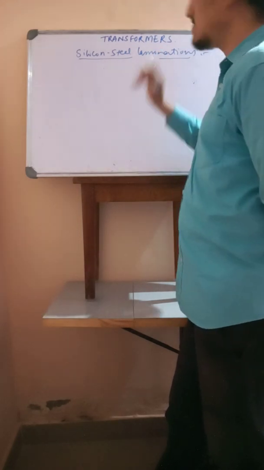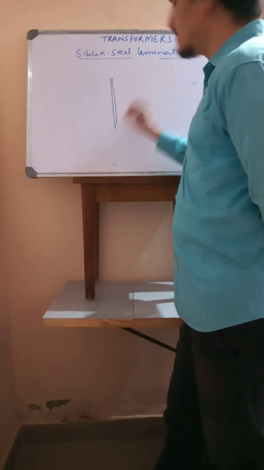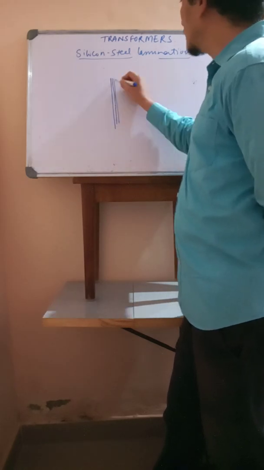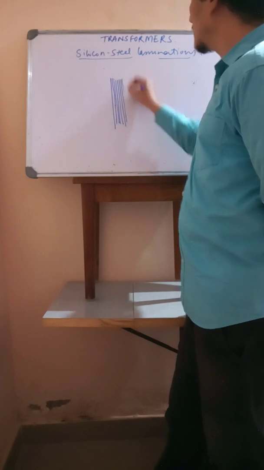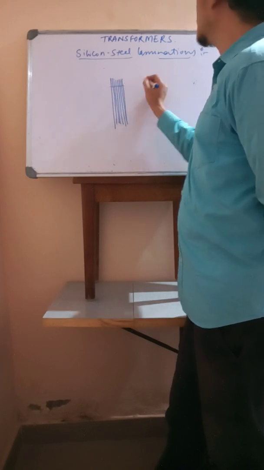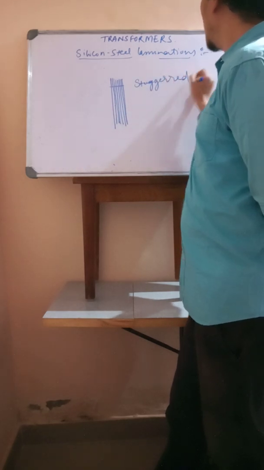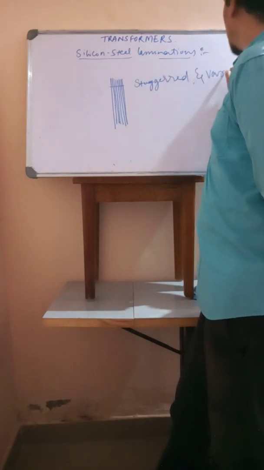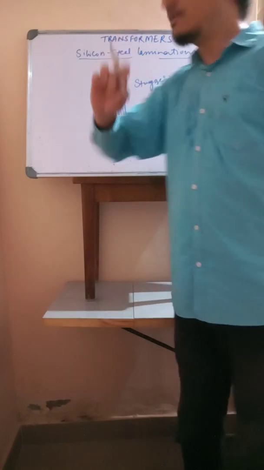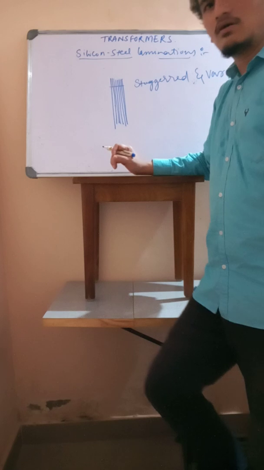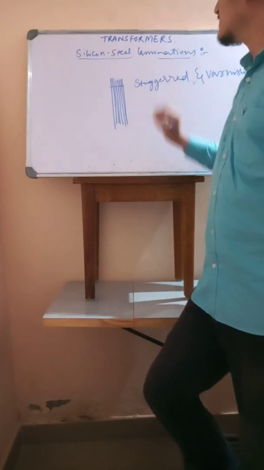Why do we use lamination? To reduce the area. For that, I will use one strip, another strip, another strip, and all are staggered and varnished. Varnished means some chemical that will improve the characteristics of a magnetic core.